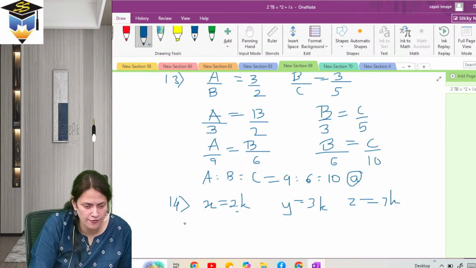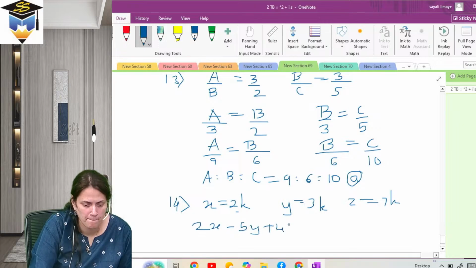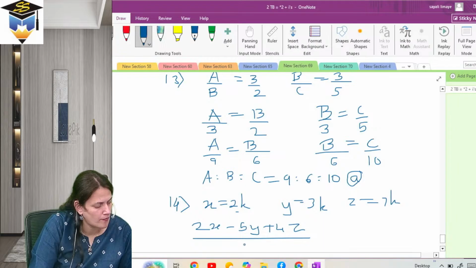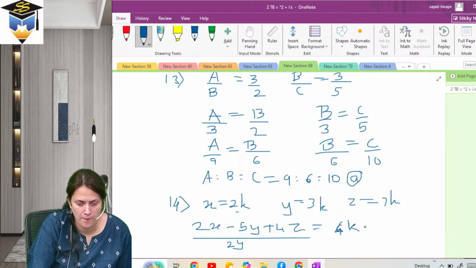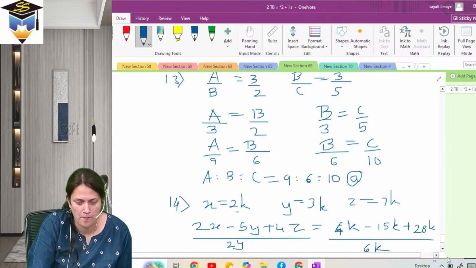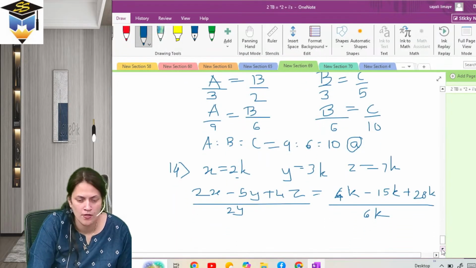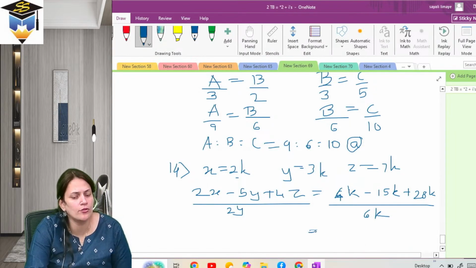So 2x minus 5y plus 4z. So I think the answer is going to be equal to, correct.